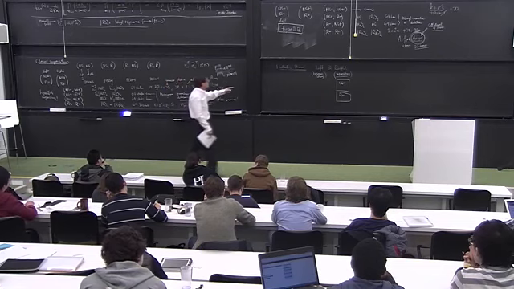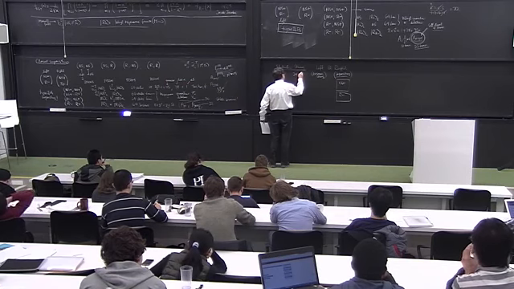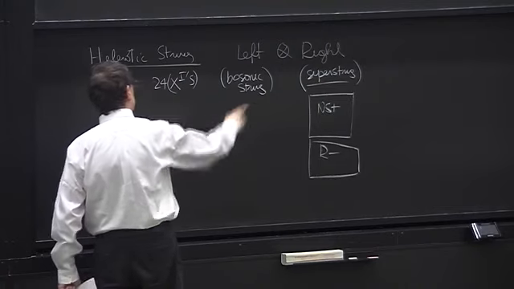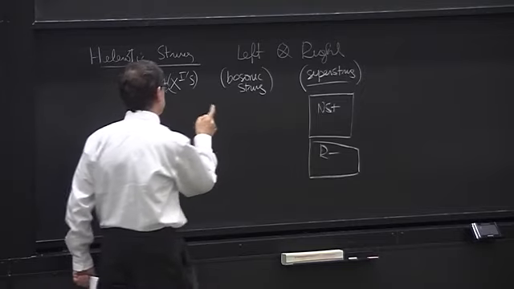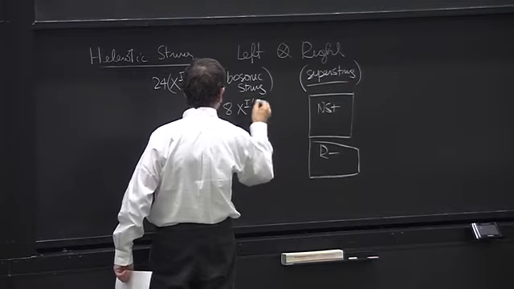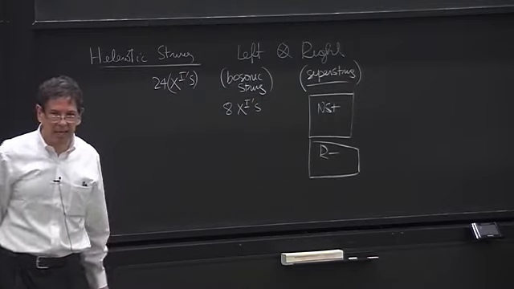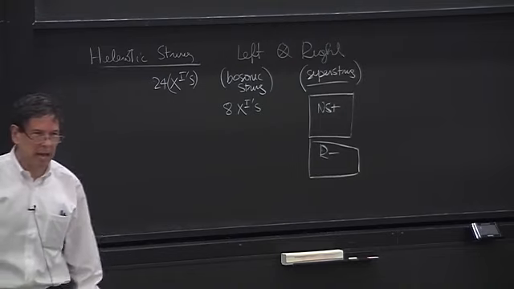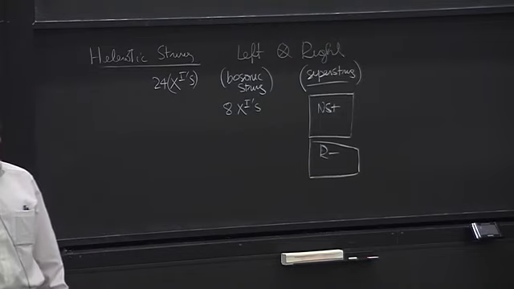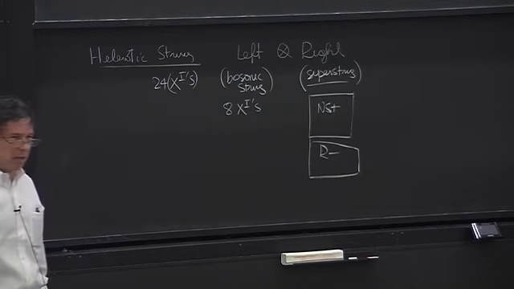You see, a bosonic string has 24 transverse coordinates, X^i. And this bosonic string is so crazy that there are 2 ways to describe it, with 8 X^i and a lattice, a 16-dimensional lattice, the root lattice of the group E8 cross E8, or the root lattice of the group SO(32).